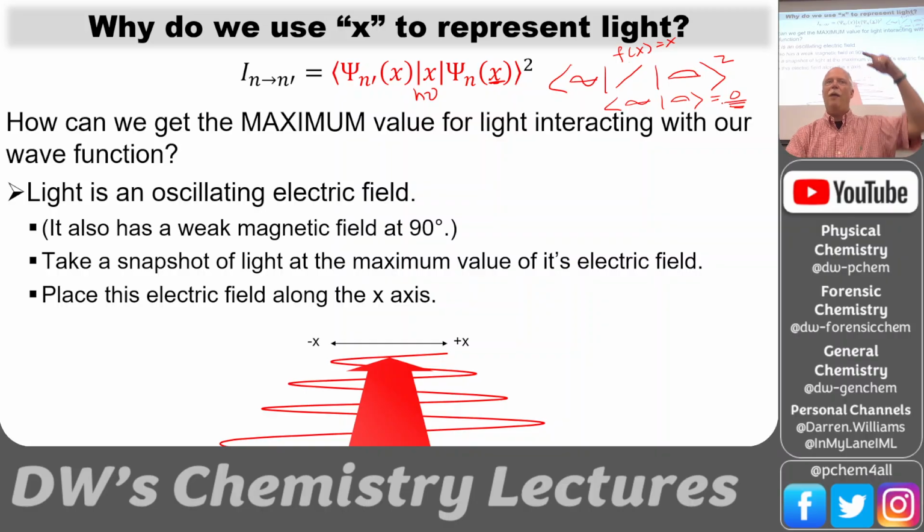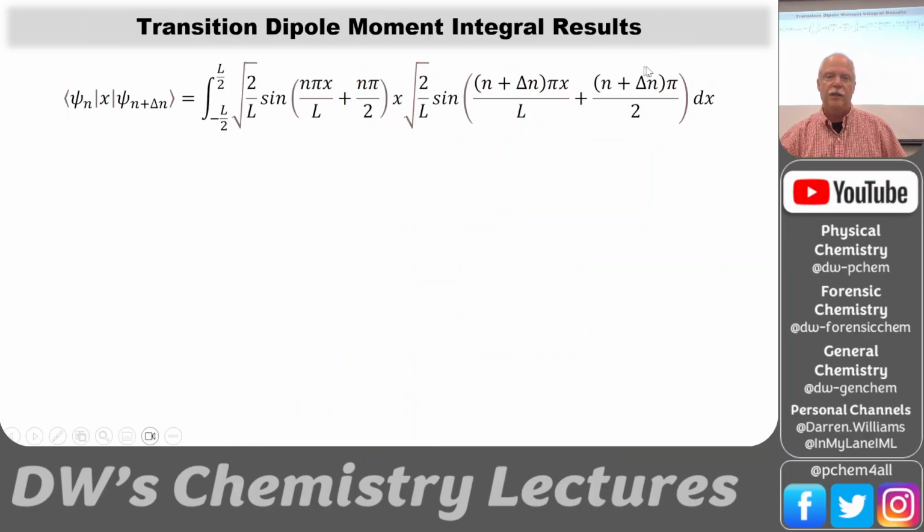So there's no overlap between those levels. But when light comes in, it interacts with this wave function, changes it in some way, and now its overlap with the first excited state is non-zero, and then we integrate over all space, we get a non-zero result, we square that, it's all positive, and now we have an intensity. Okay, so that's just some justification.